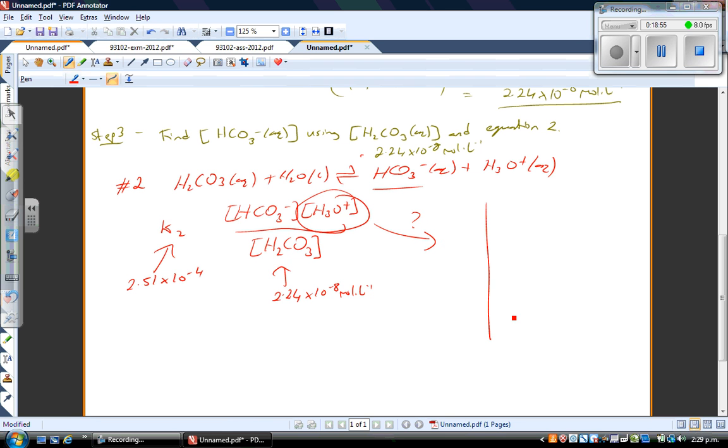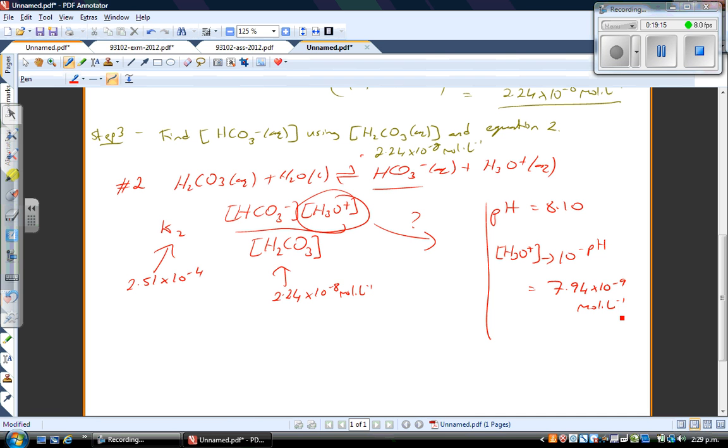Well, if you remember at the bottom of the question, they said the pH was equal to 8.10. So therefore the concentration of H3O plus is simply 10 to the minus pH, which is equal to 7.94 by 10 to the minus 9 moles per liter.